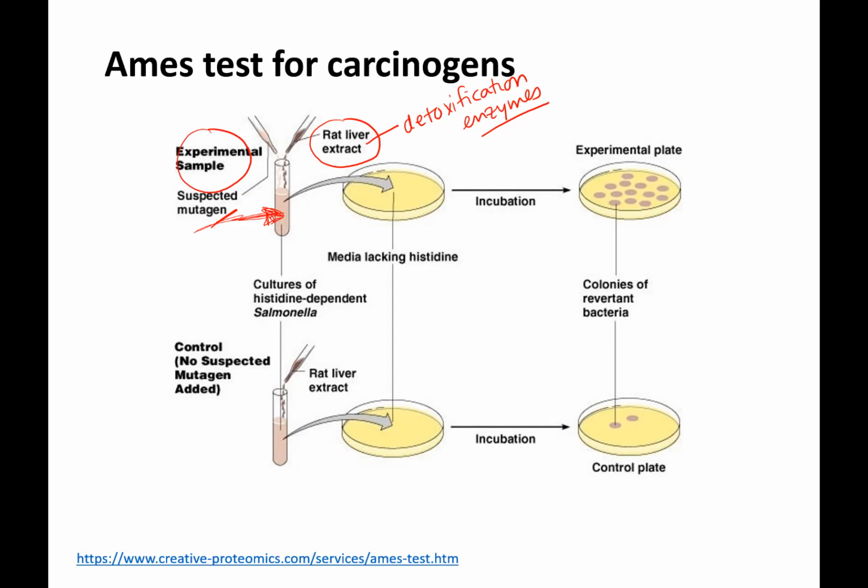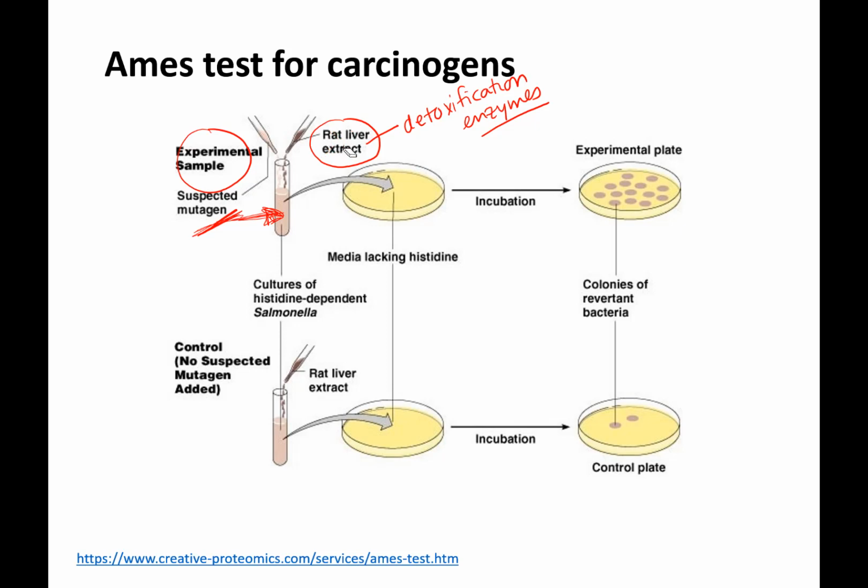And so if you didn't have rat liver extract, you would just see if that compound on its own was toxic or not. And we'll talk more about how this all works. You're basically using some mutant bacteria and seeing if your suspected drug, molecule, toxin actually mutates that bacteria back to being able to grow.